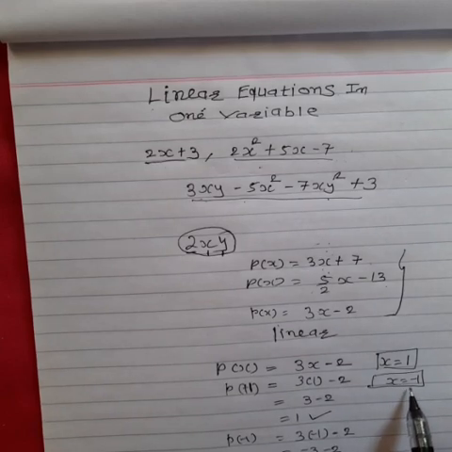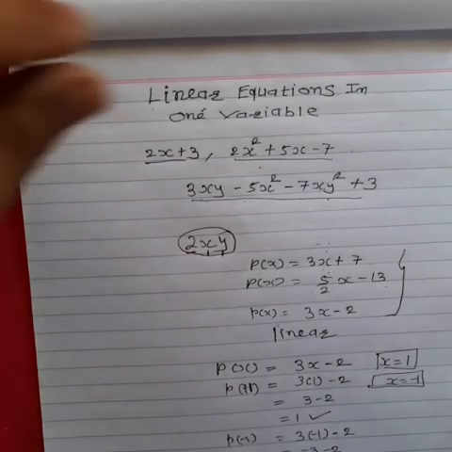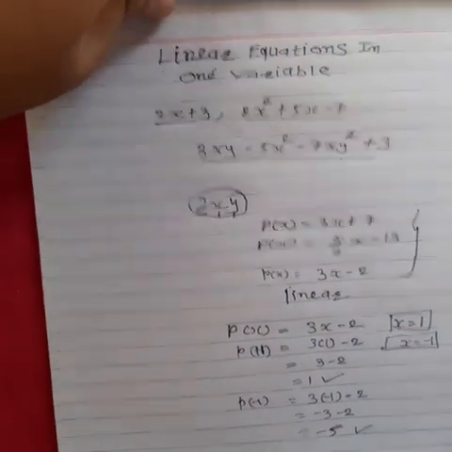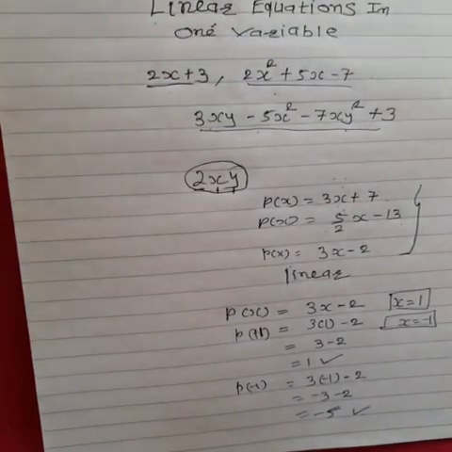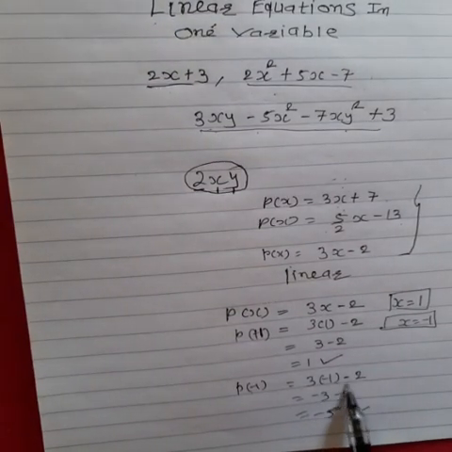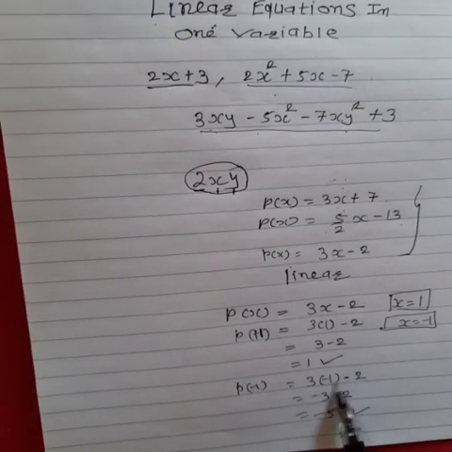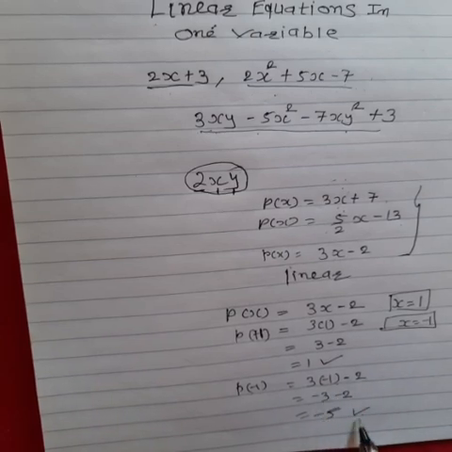So by taking x is equal to minus 1, we get the value of P of x as minus 5.